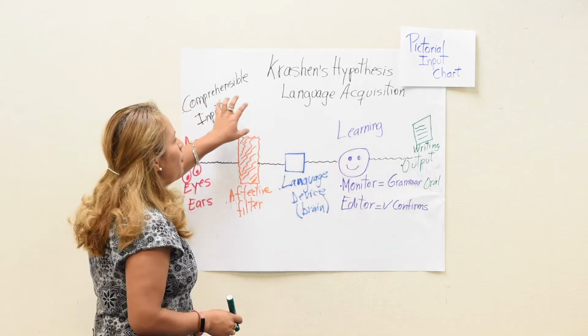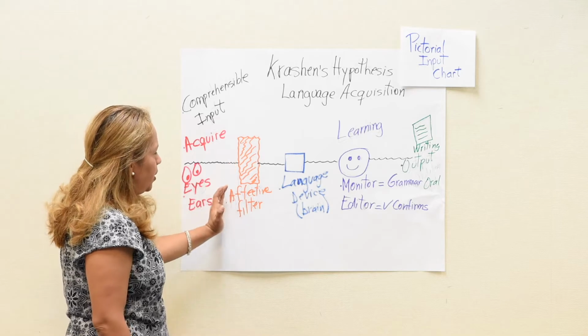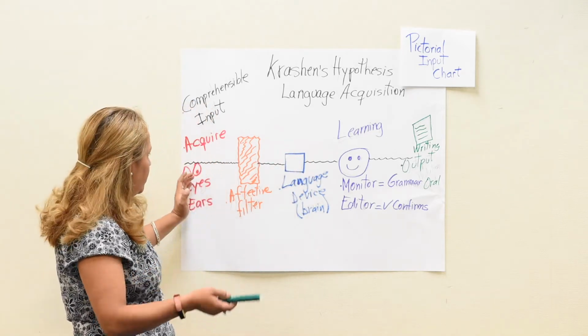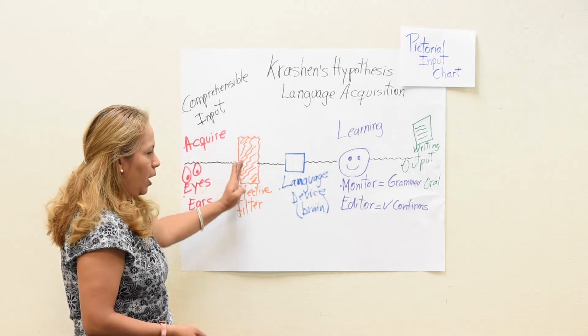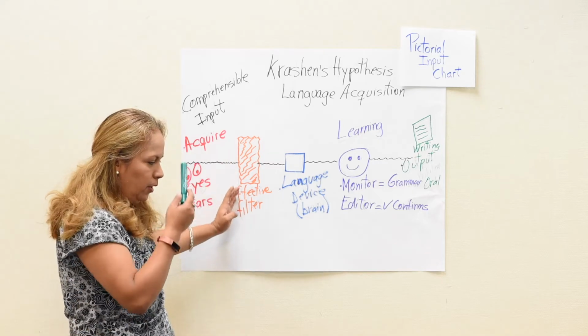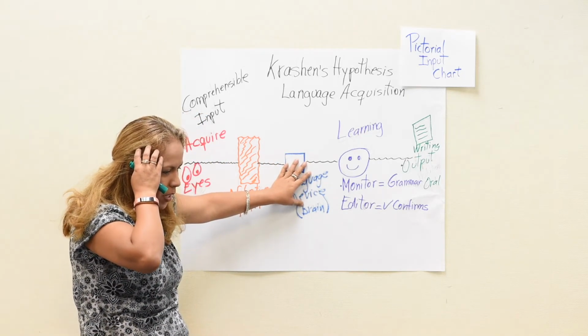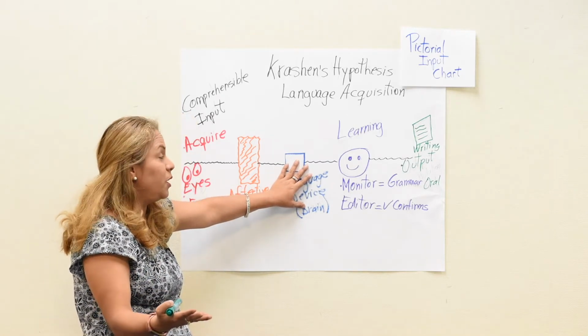So, according to Krashen, there are many theories that speak on how language is acquired and is learned. You need comprehensible input. Depending on how your anxiety, your affective filter goes in, it's going to continue. It's going to go to your brain to be imprinted in a way that it's being presented. If comprehensible, it's better.